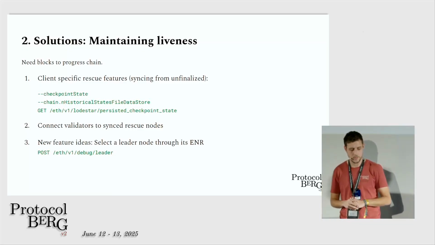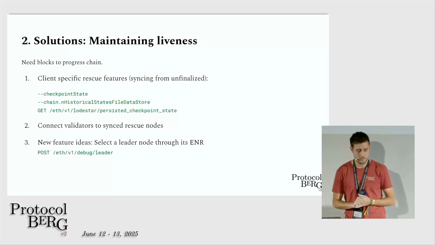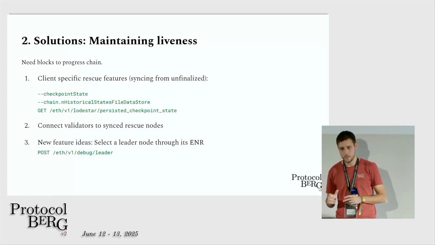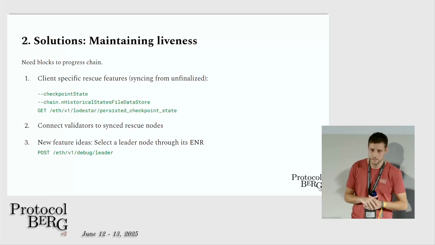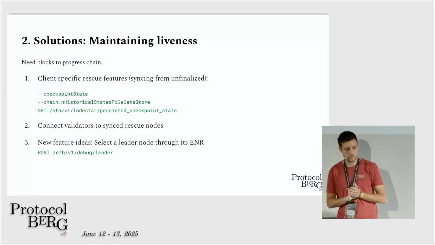One of them was to have a feature in the client where you just give it an ENR and say follow this node, whichever chain it is on. The problem, as we mentioned, was that there were many minority chains and barely any votes. So it was hard for the client to even pick, and you had to coordinate on the social layer to figure out what minority chain we actually wanted to follow.